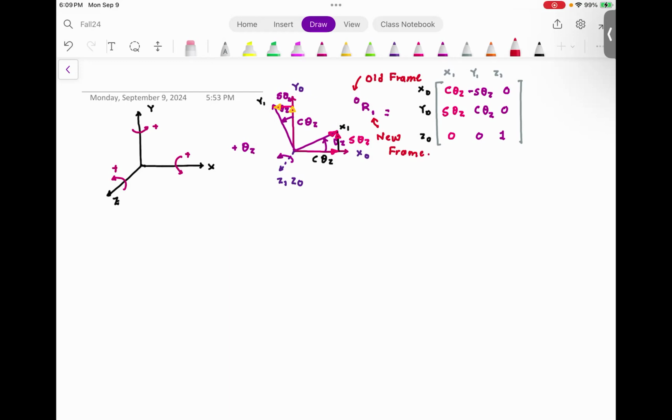This 0R1 is called an orthonormal matrix. Why orthonormal? Because the rows and columns are perpendicular to each other and they span a space which is actually right angle triangle. So this is orthonormal, which means the inverse is equal to the transpose.